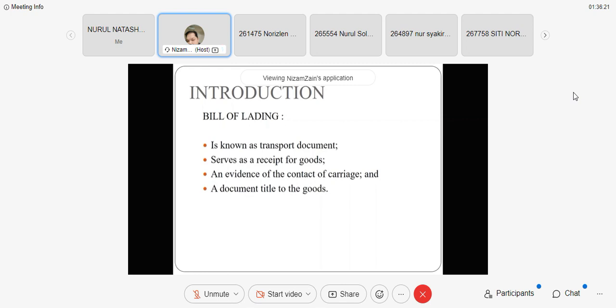They make a bogus BOL, a fake one. Many banks suffer losses, and also many companies suffer losses because of bogus BOLs. That's why they use e-BOL. That's why they want to introduce blockchain BOL, to overcome these fraudulent cases.